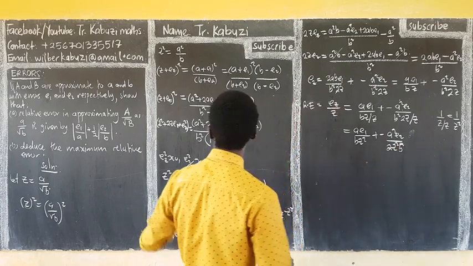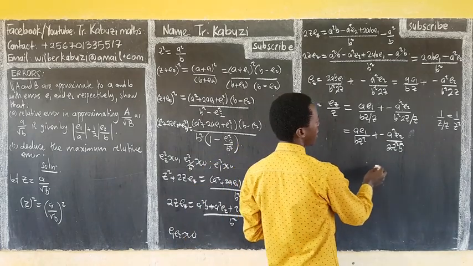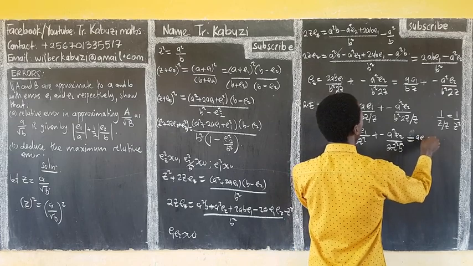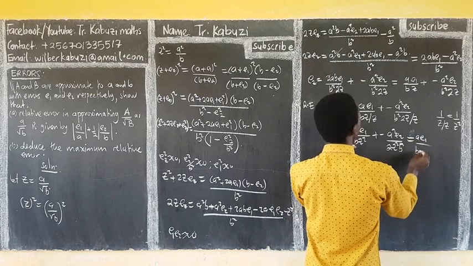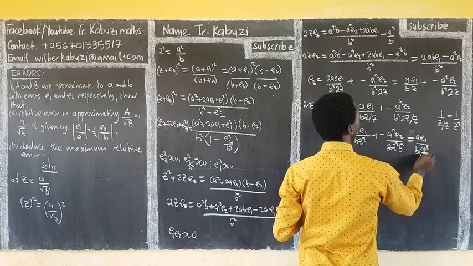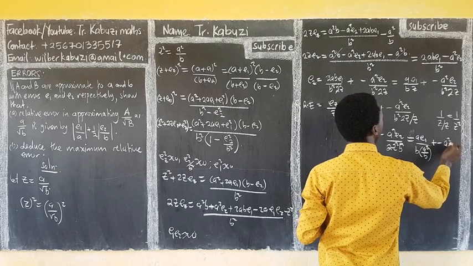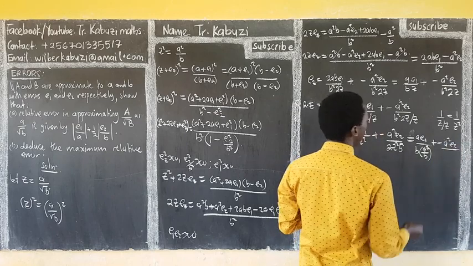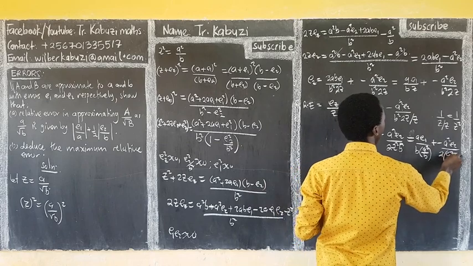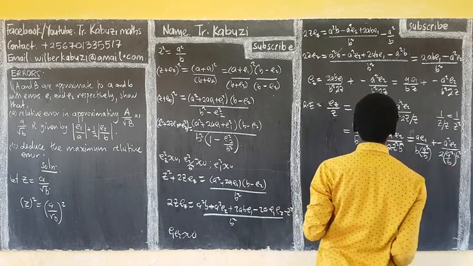So I think we know what our z squared is. From there, if I can put it here, I'm going to be having a e1 over b. Now I'm putting this a squared over b, then plus or minus a squared e2, the whole over 2 into z squared, which is a squared over b times b squared.